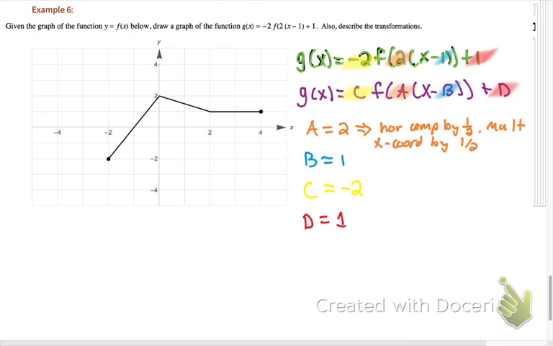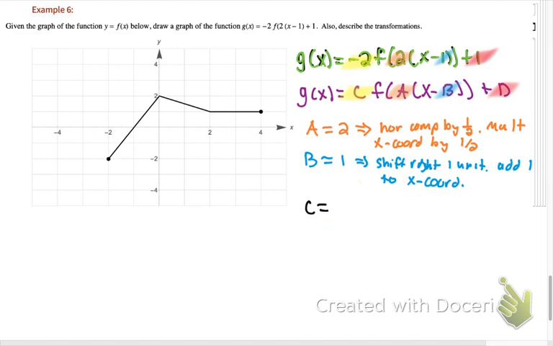B equals 1. That's actually a shift right 1 unit, so we're going to add 1 to x coordinates. I'm going to write C equals -2 in black just because it's hard to read in yellow.